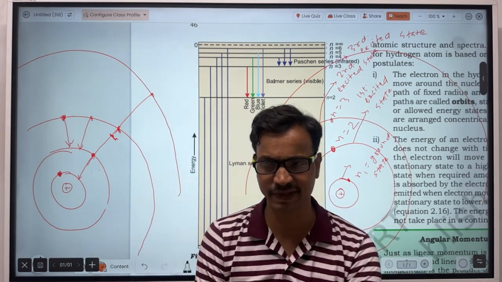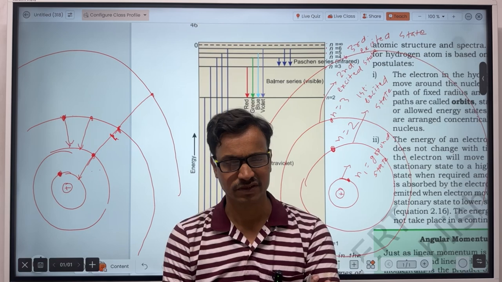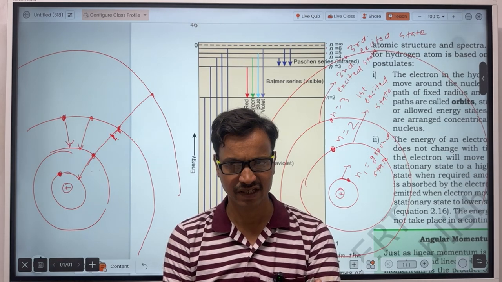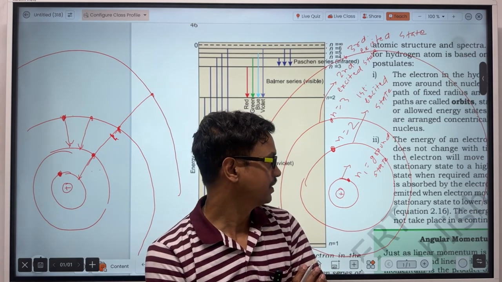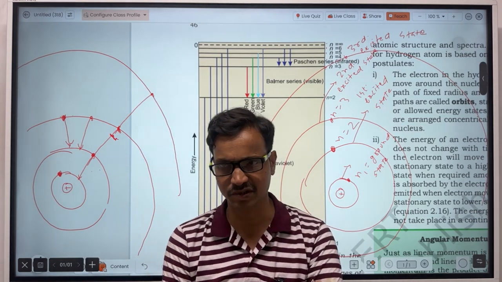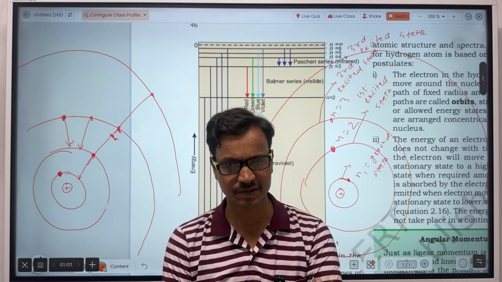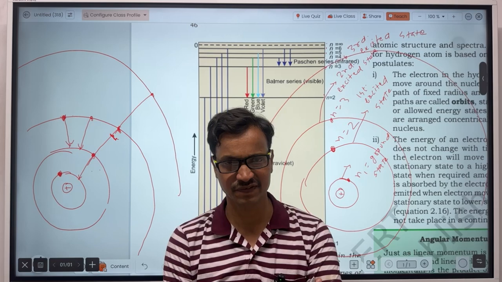One point you have to keep in mind: when energy is provided to the atom, the electron present in the ground state jumps into the next energy level, and the first stationary state is called first excited state. The second stationary state will be called second excited state.